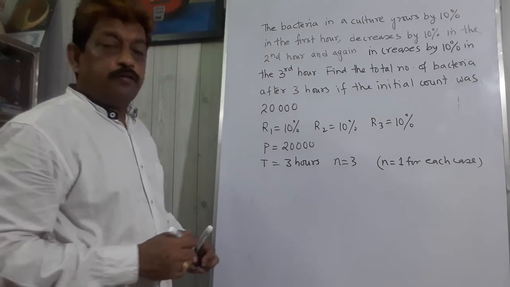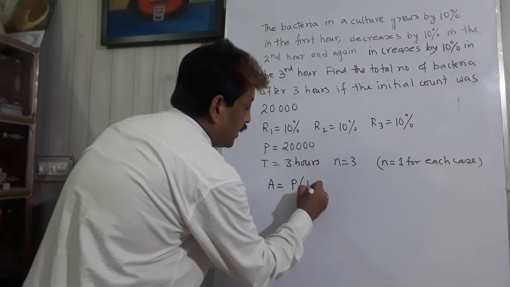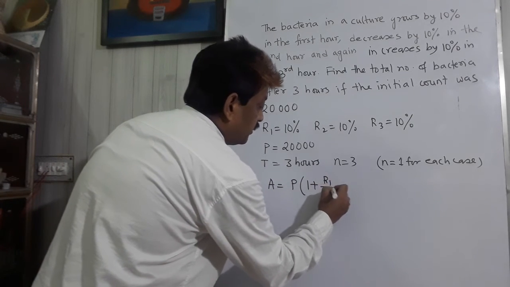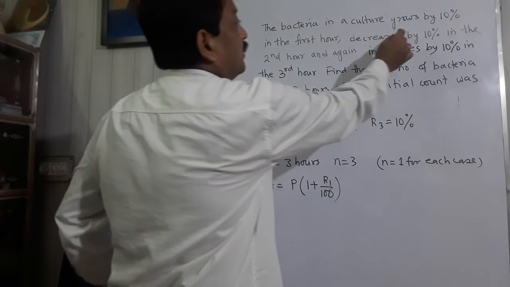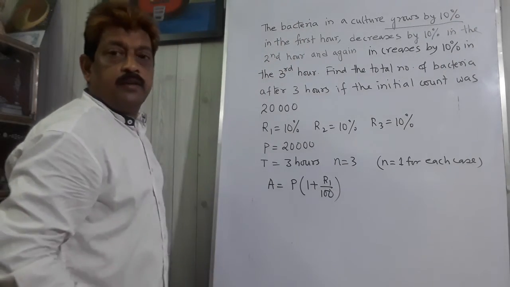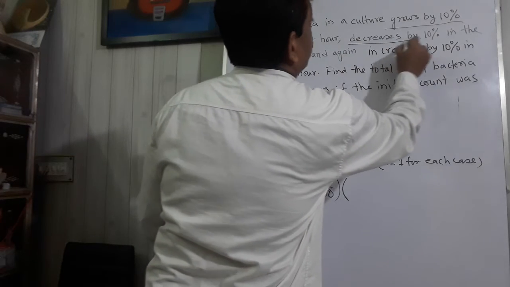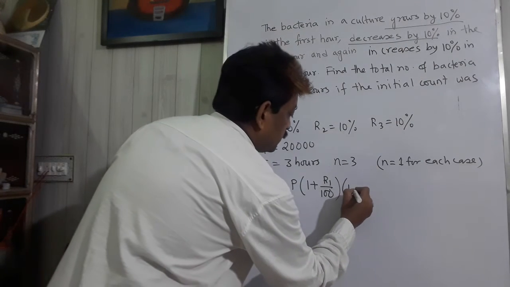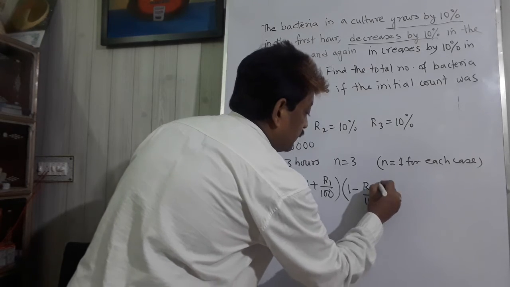Now the formula. So A equals P into 1 plus R1 by 100. Since it is increasing in the first hour, it grows by 10%, so it is plus R1 by 100. In the second hour, it is decreased by 10%, so it is 1 minus R2 by 100.